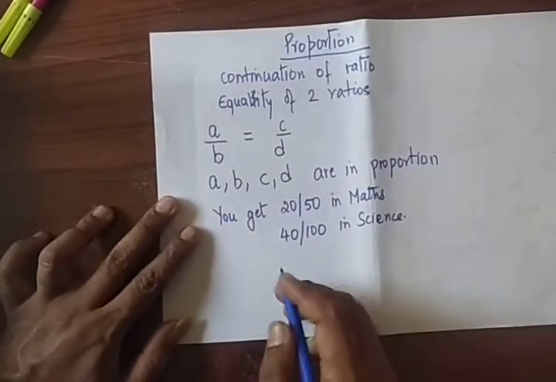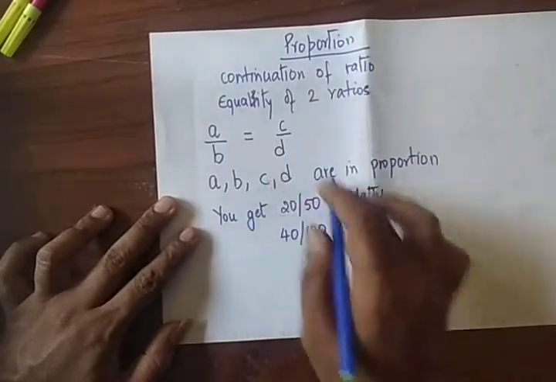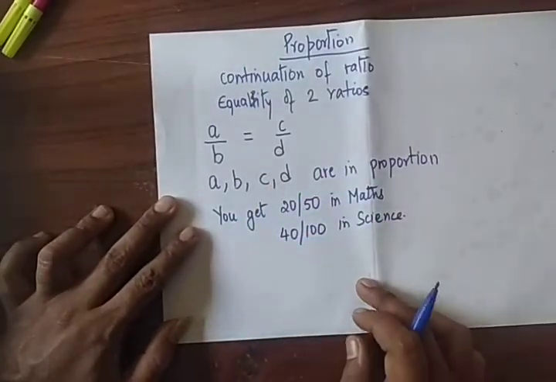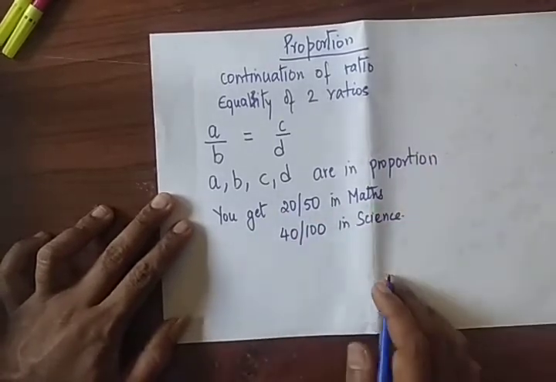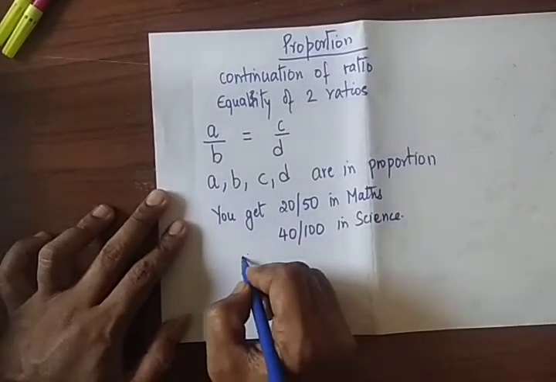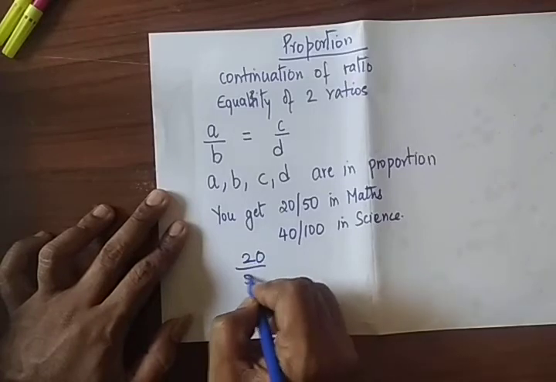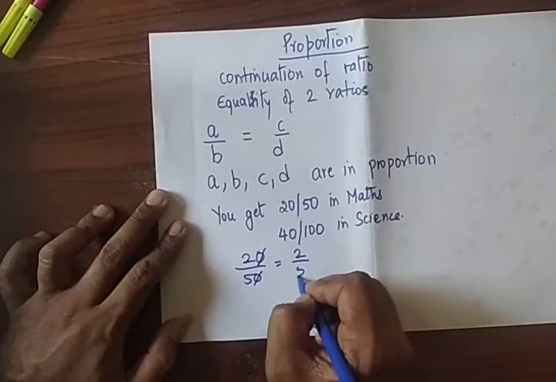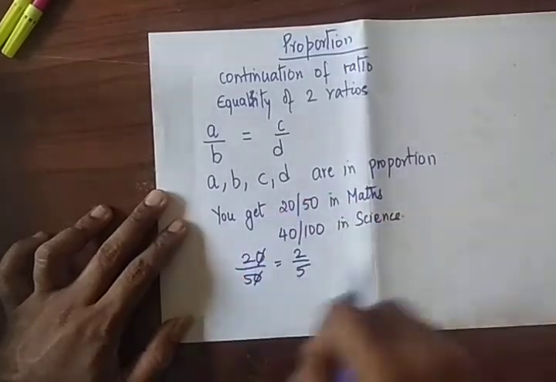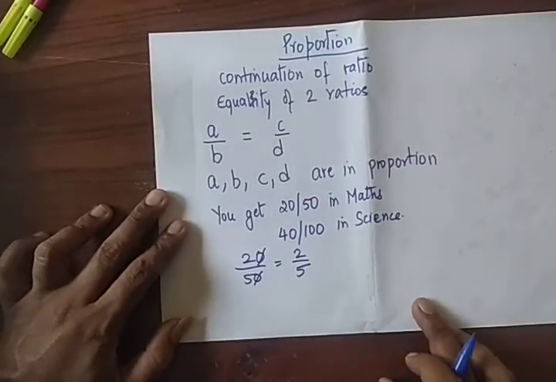Now let's check which you scored highest. You have to bring the denominators to the same or reduce them to the simplest form. So 20 out of 50, if you cancel the 0s, gives 2 upon 5. The simplest form of this ratio is 2 upon 5.